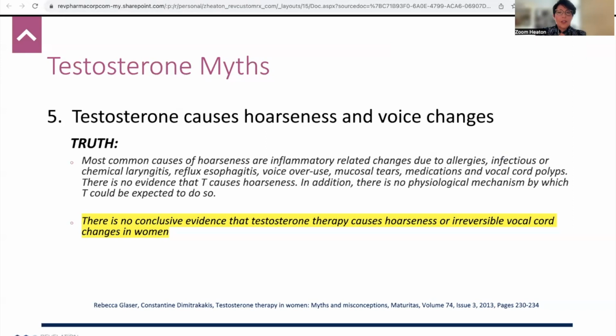There's no physiologic mechanism by which testosterone could be expected to do so. So there's no conclusive evidence that testosterone therapy causes hoarseness or irreversible vocal cord changes in women. There are a lot of different reasons why there would be hoarseness, but there's no physiologic evidence that shows that testosterone causes hoarseness or any voice changes.